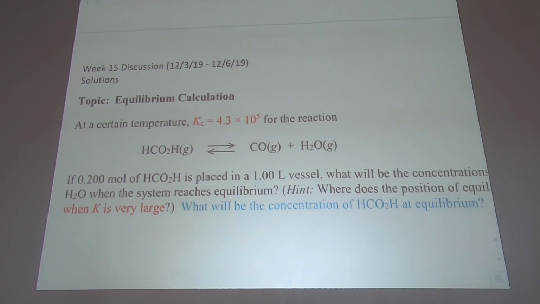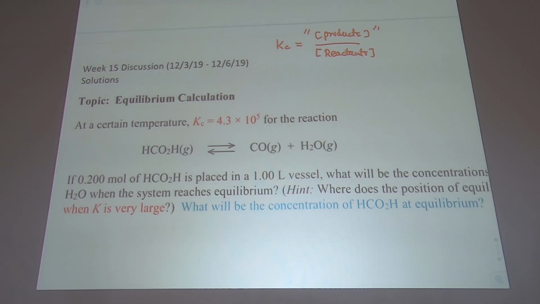So what's the Kc? Let me go back to the original. Kc is, I guess, a reactant concentration and product concentration. I put it in quotes, because this is not exact, but in general it's a ratio of product divided by reactant, one over the other.